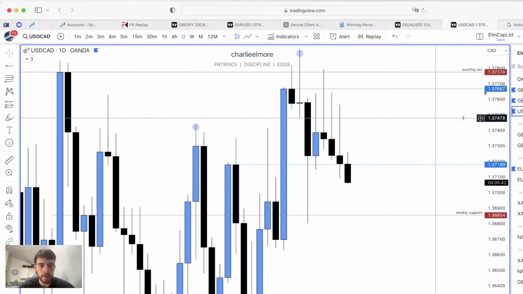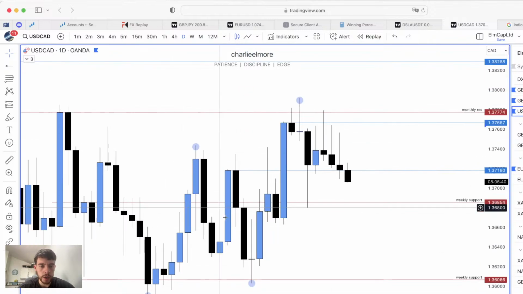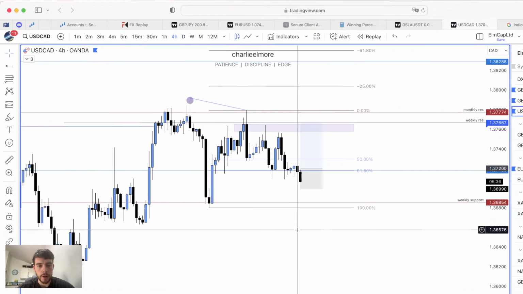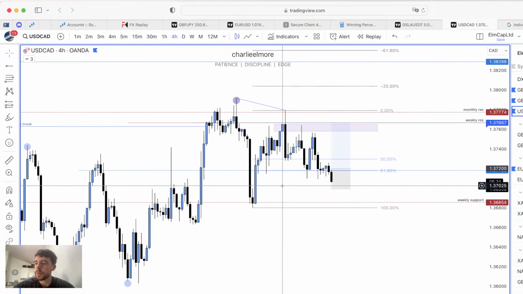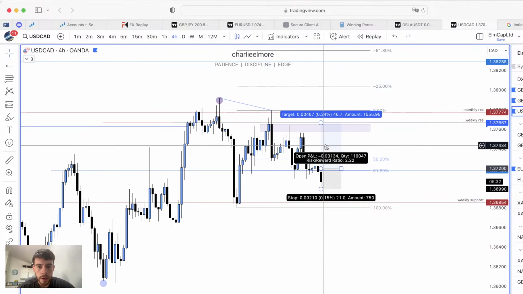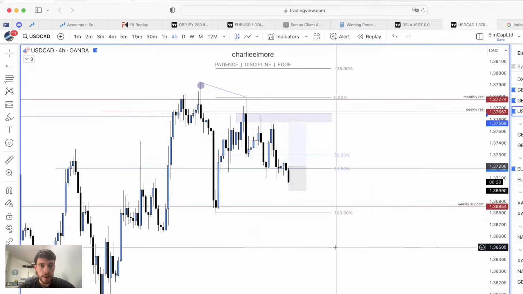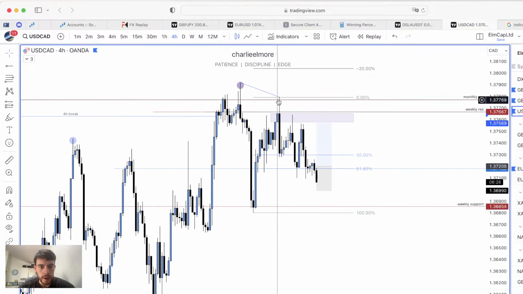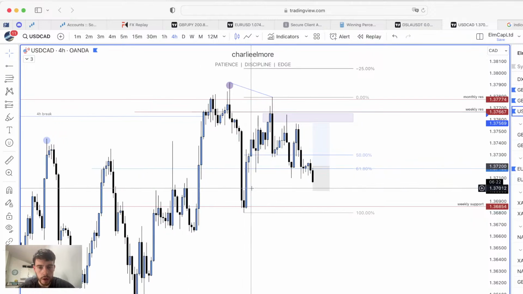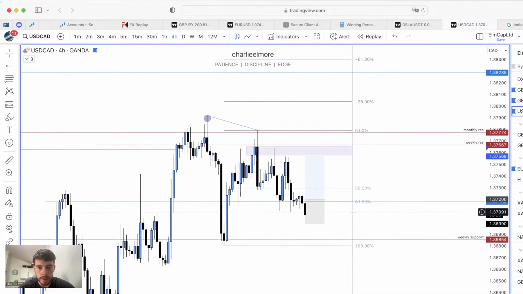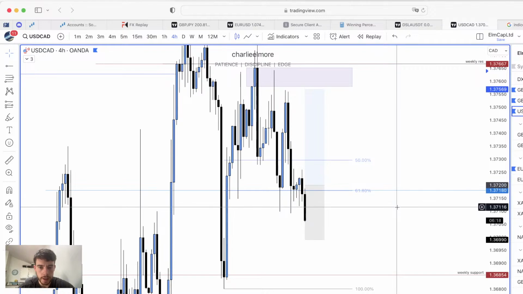Reason number two was obviously the fact that we're bullish in terms of this price action. If we then go to the 4-hour time frame, you can see that from this low to that high, this daily level aligned with the 61.8%, literally to the T.